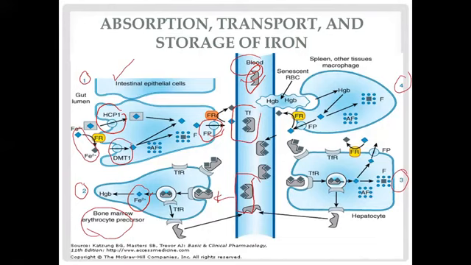In the blood, iron is transported by transferrin, and then the transferrin iron complex binds to the transferrin receptors in the hepatocytes and undergoes receptor-mediated endocytosis. In other words, aside from the red bone marrow cells, this transferrin iron complex can move into the hepatocytes.